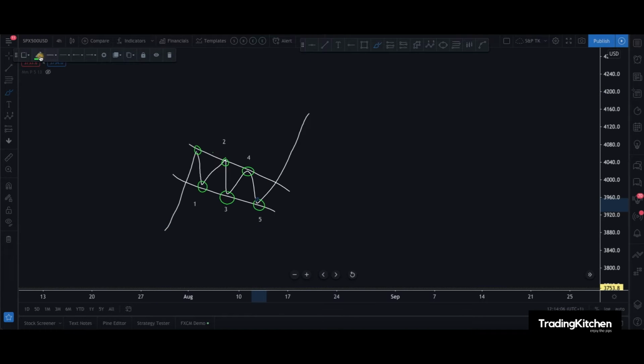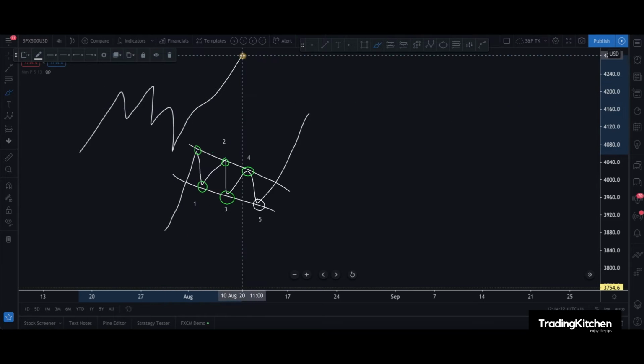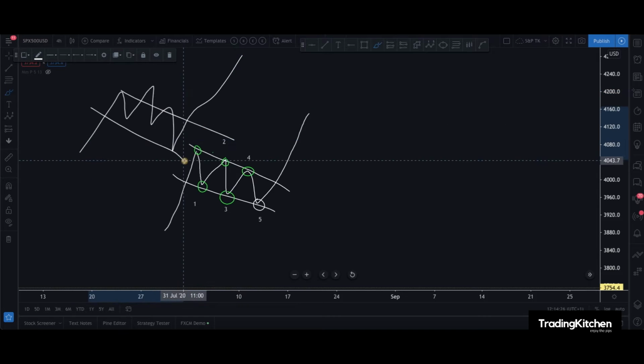So for example, this impulse, if we have a channel like this, okay, there's no value anymore, because this is a higher high.